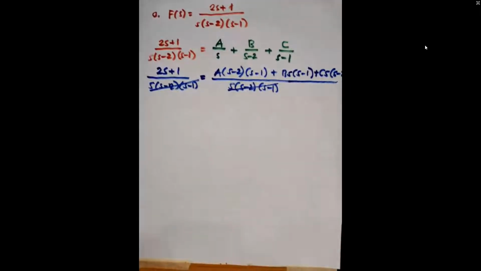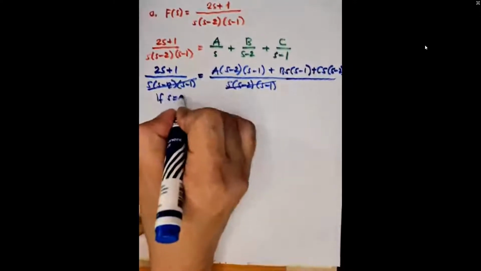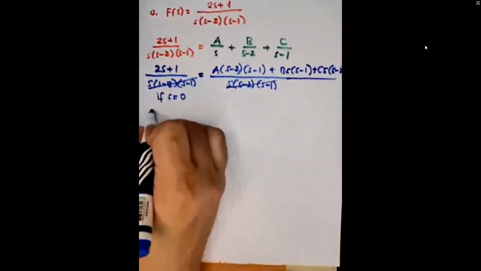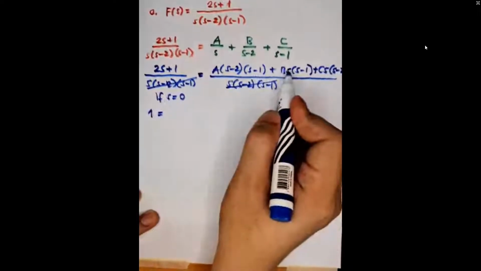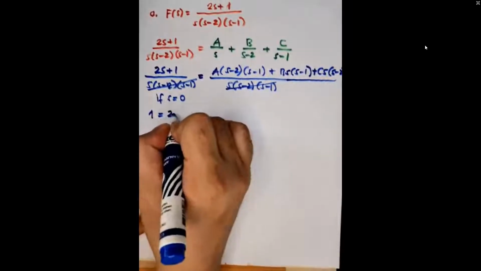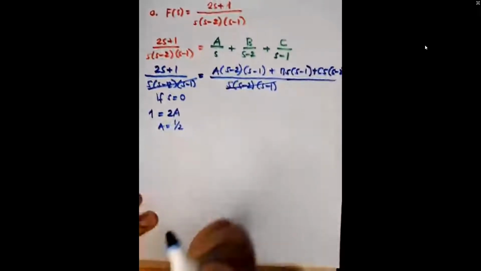Okay, let's make an assumption. If s is equal to 0, the right side will be 1 is equal to, the other terms are 0, so what remains is A. So 1 is 2A. Therefore, A is 1/2.